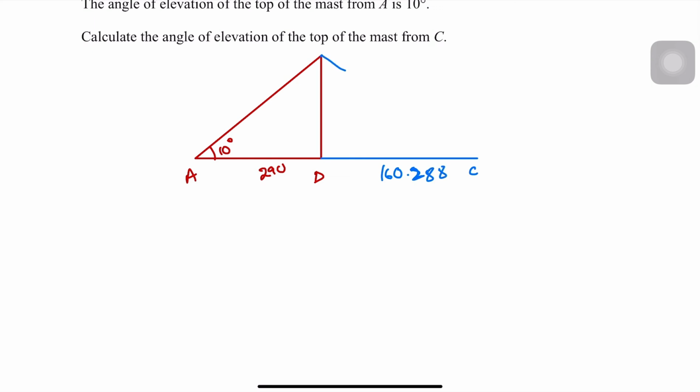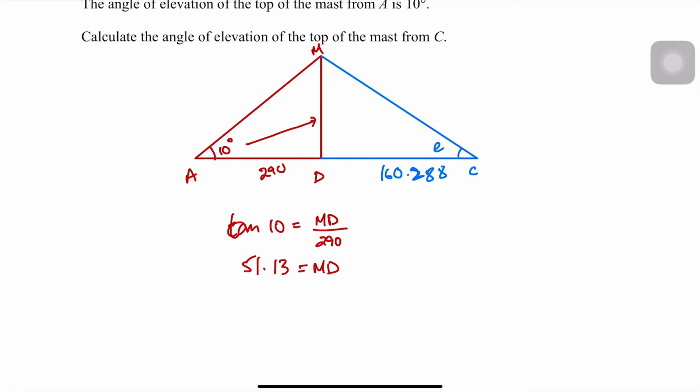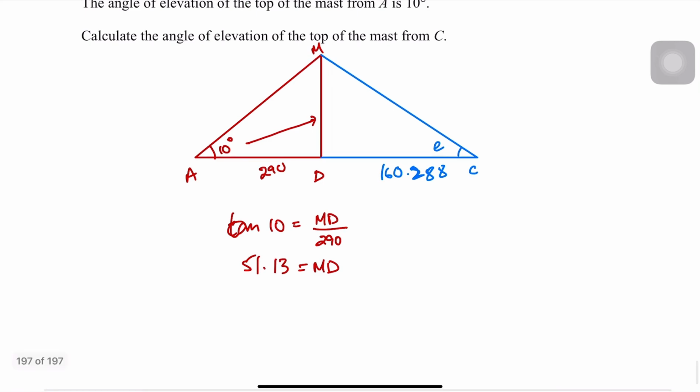So I'm actually interested in the angle that's forming. This angle, let's call that angle of elevation E. In order to do that, I first need to find this. I'm going to use tan equals MD.